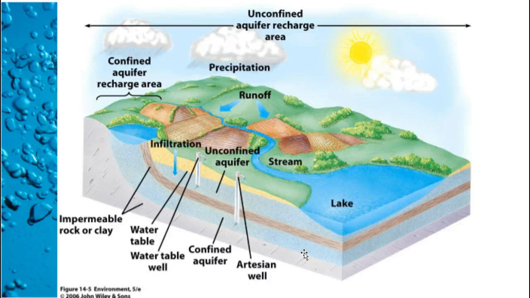But the benefit of that confined aquifer is it's less likely to be contaminated because things can't just seep down from the soil. They're not going to get through that layer of rock. So some of these aquifers are going to be replaced by precipitation, but if it's a confined aquifer, it might not be, because it might be so trapped down there that if you use it up, it doesn't come back as easily.